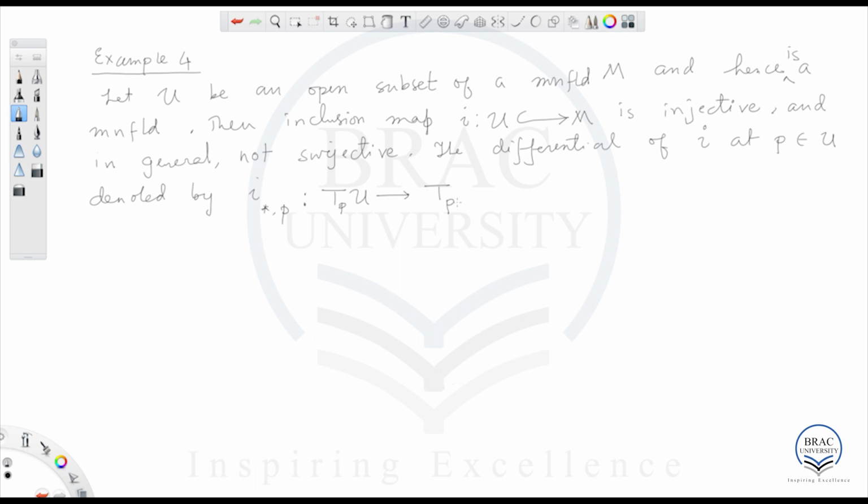So T_P U and T_P M are vector spaces of the same dimension, and i star comma P is a linear map between these two vector spaces of the same dimension and is bijective, right?